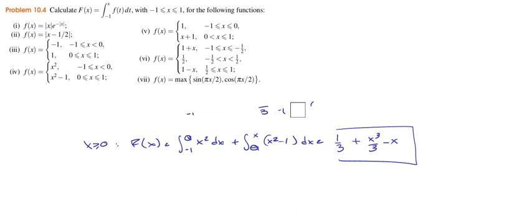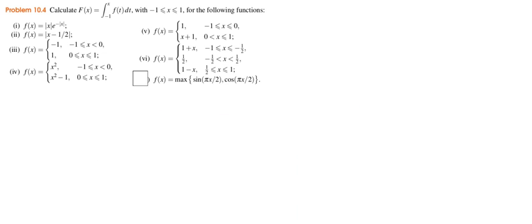Let's see. Part 5. f is 1 if x is negative. So if x is negative, we have that the primitive is the integral between -1 and x of 1 dx. So this is just x plus 1.